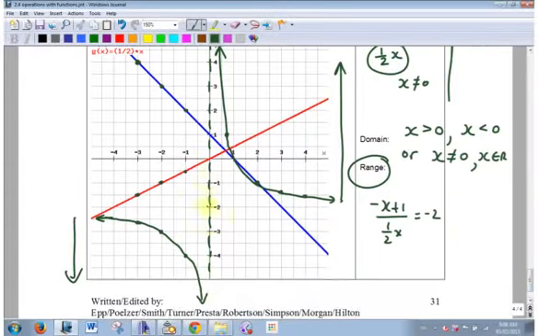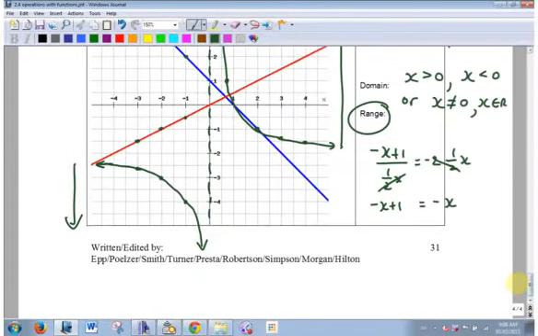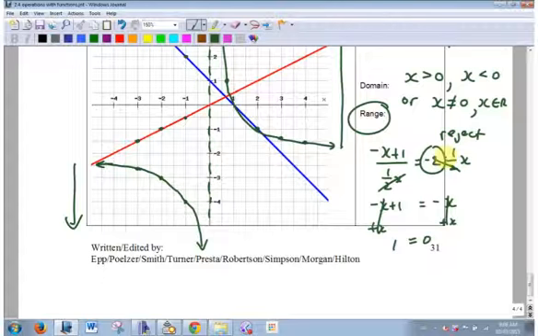I want to know what happens when this is equal to -2. So how do I get rid of that? Yeah, just cross multiply. What's -2 times a half? That's just -x, right? 2's cancel out. Let's add x to both sides. Whatever I do to one side, do to the other side. And 1 equals, what do I got left here? Hey, 1 is 0? Does that make any sense? It doesn't make any sense.